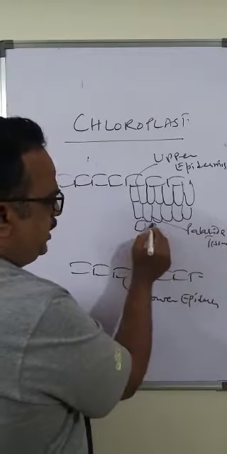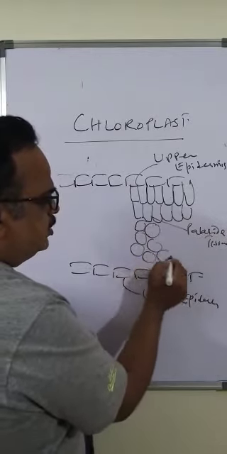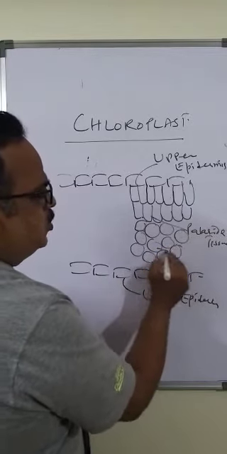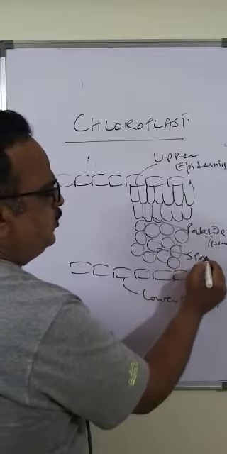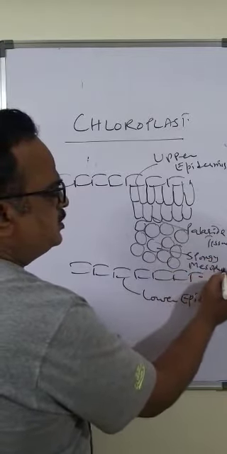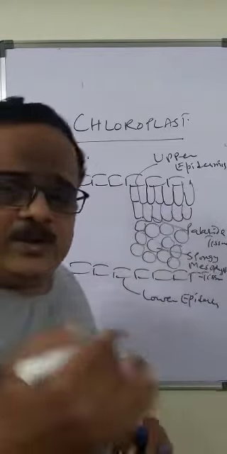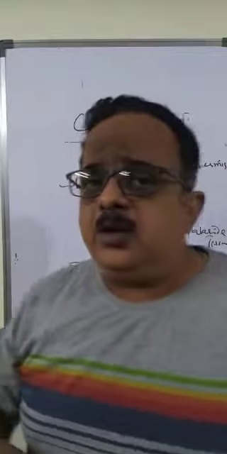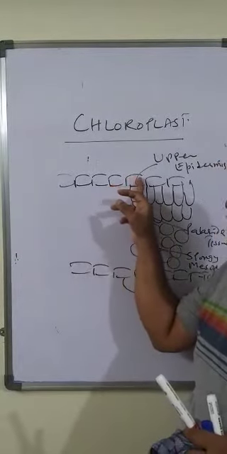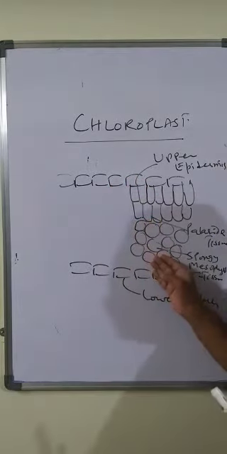Just below the palisade tissue, you have spherical shaped cells, and this tissue is known as spongy mesophyll tissue. So in the leaf's internal structure, you find two different types of tissue. Just below the upper epidermis, palisade tissue is present. Below palisade, you have spongy mesophyll.